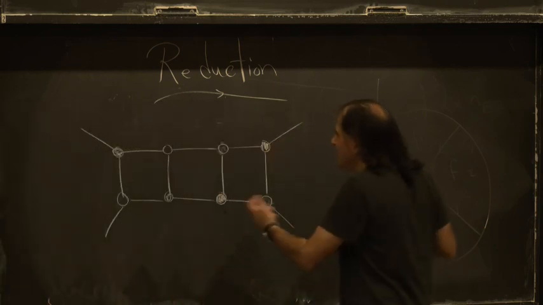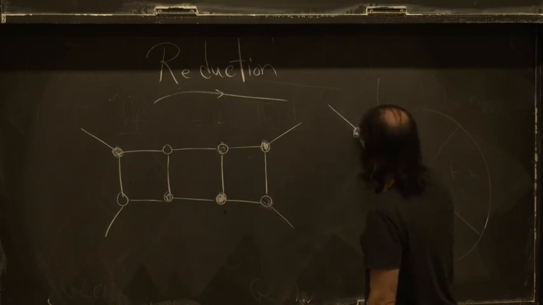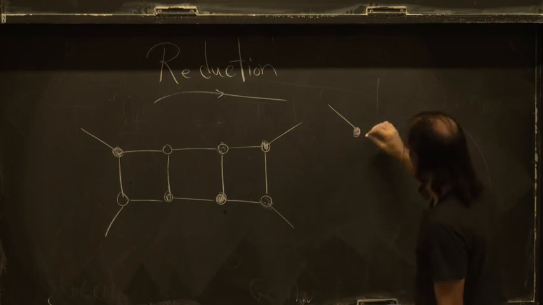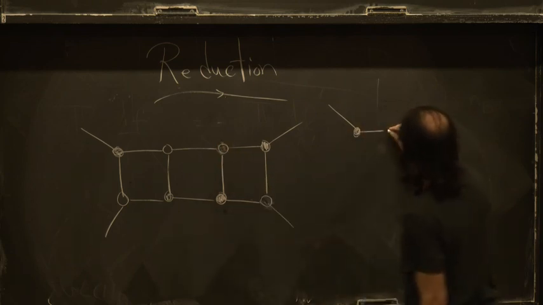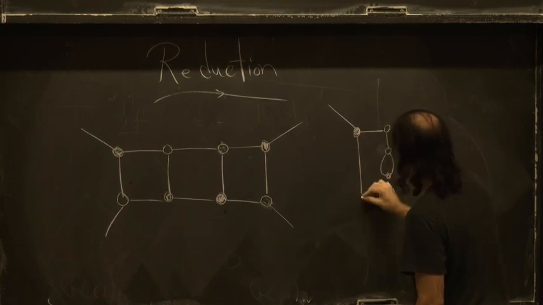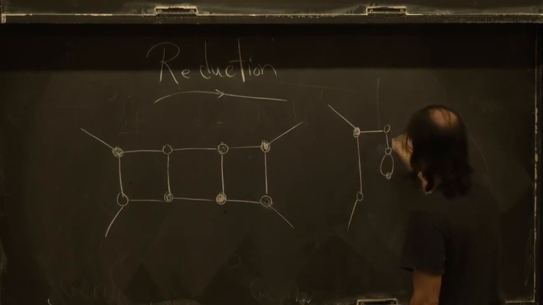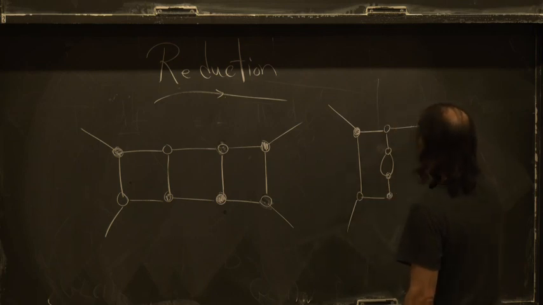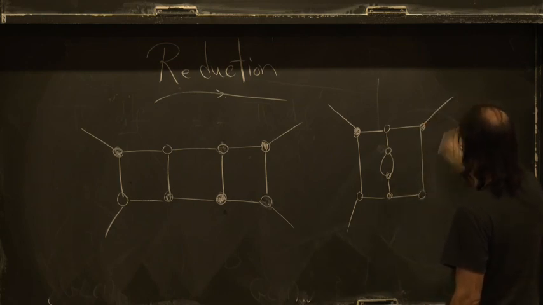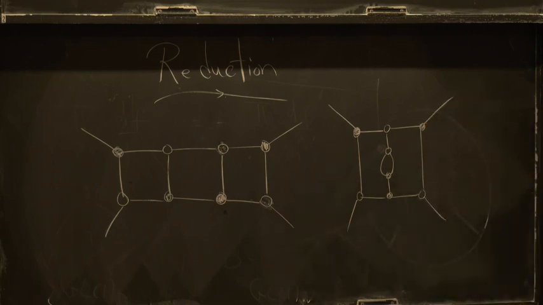And actually I can keep going and get more than one bubble in this picture, but this already gives you an idea that if I do a merge-unmerge here, I can have something that looks like a bubble on the inside.